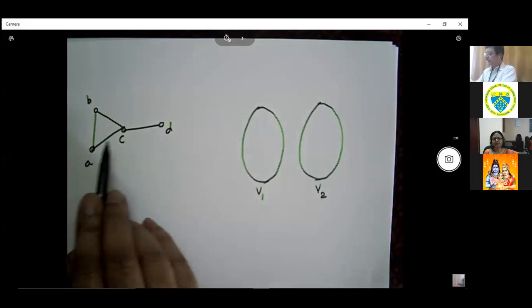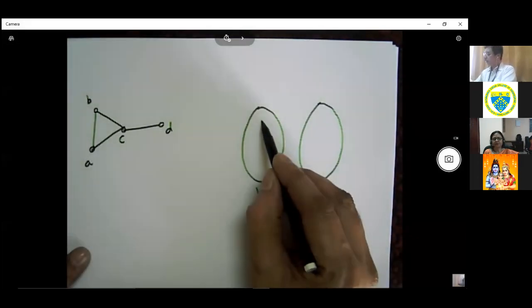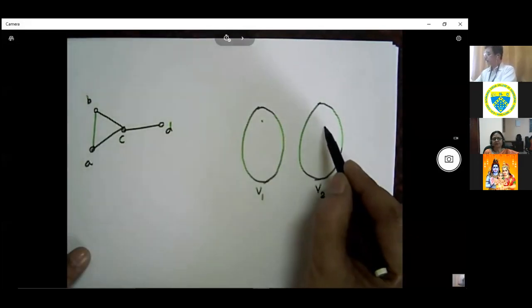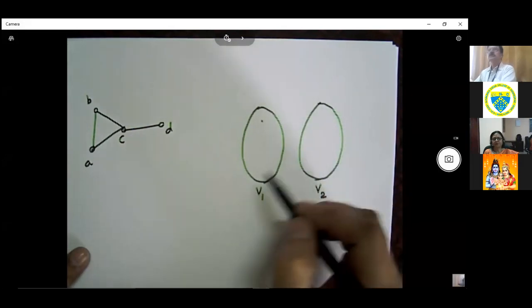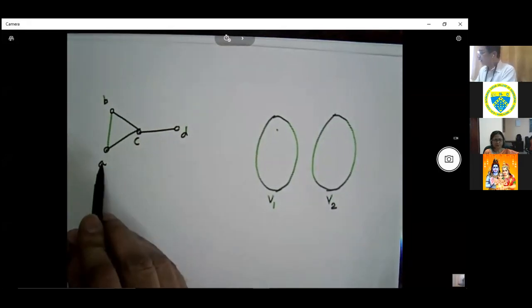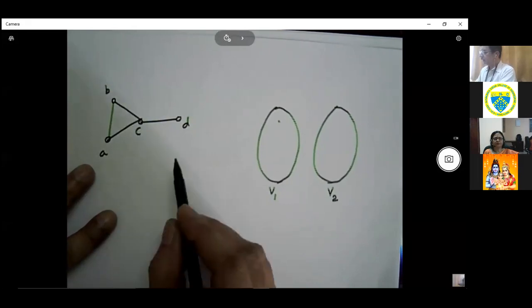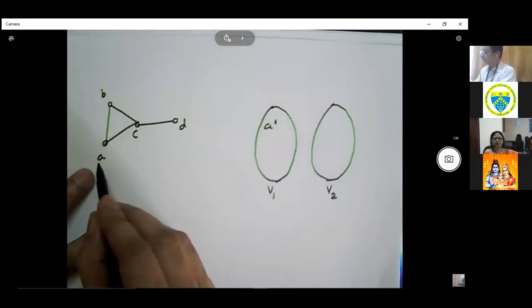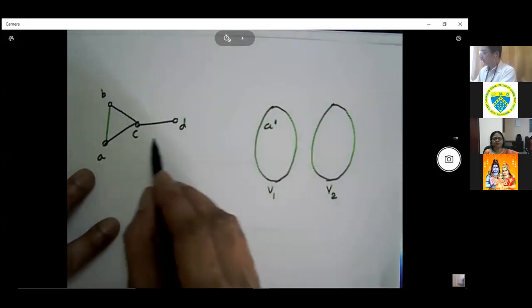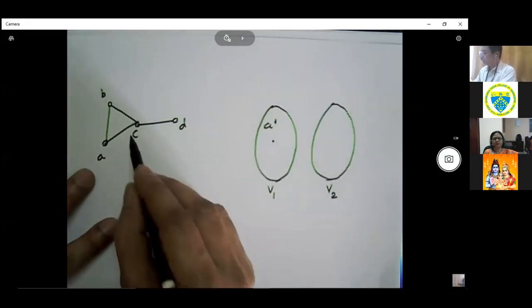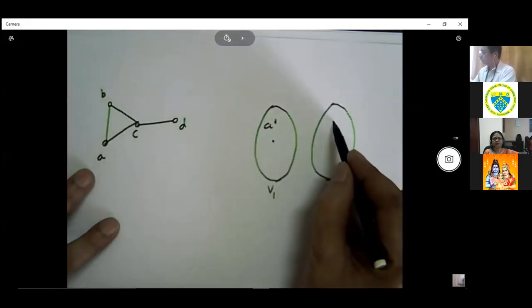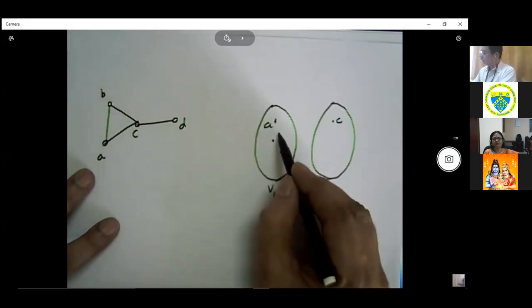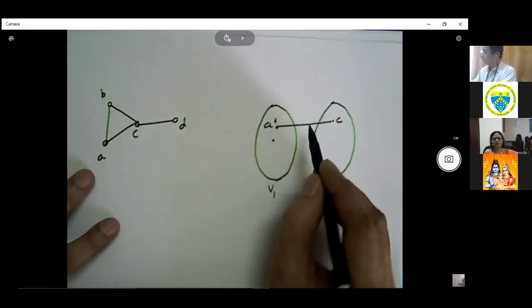If there is any edge, it should be between a vertex of V1 and a vertex of V2. No two vertices in the same set are adjacent. For example, you take A here. C cannot be in this set because C is adjacent to A. So C should be here. Then the edge AC will appear here.